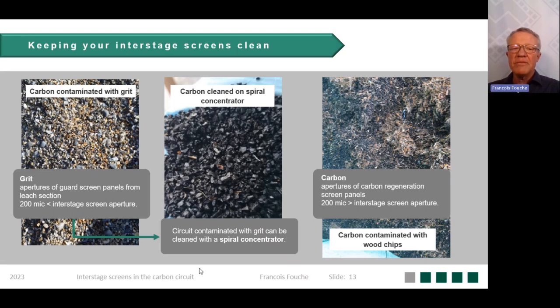So in this case, you will have to utilize an elutriator to remove the wood chips and adjust the upflow velocity of the water considering Stokes' law. And once you remove all of the wood chips, it's quite simply a process of removing the clean carbon from the bottom of the elutriator.